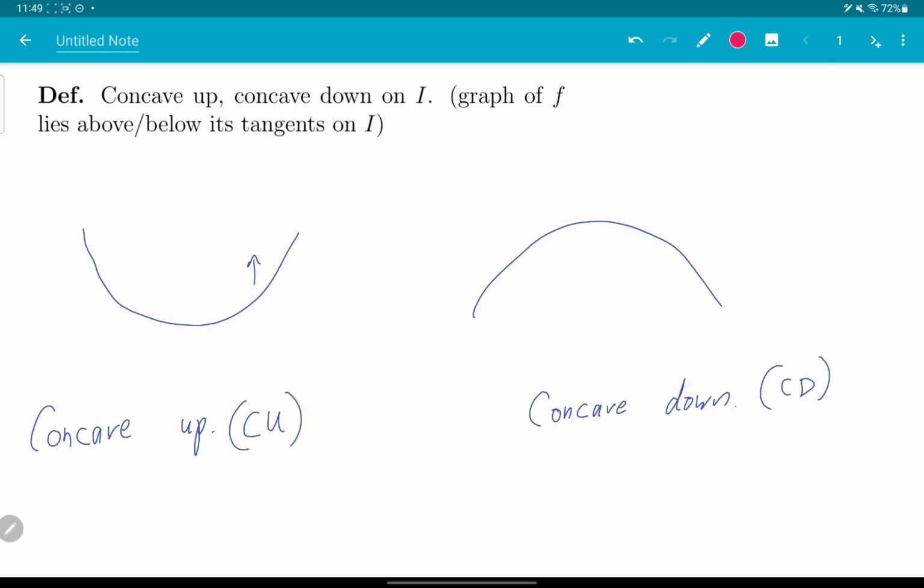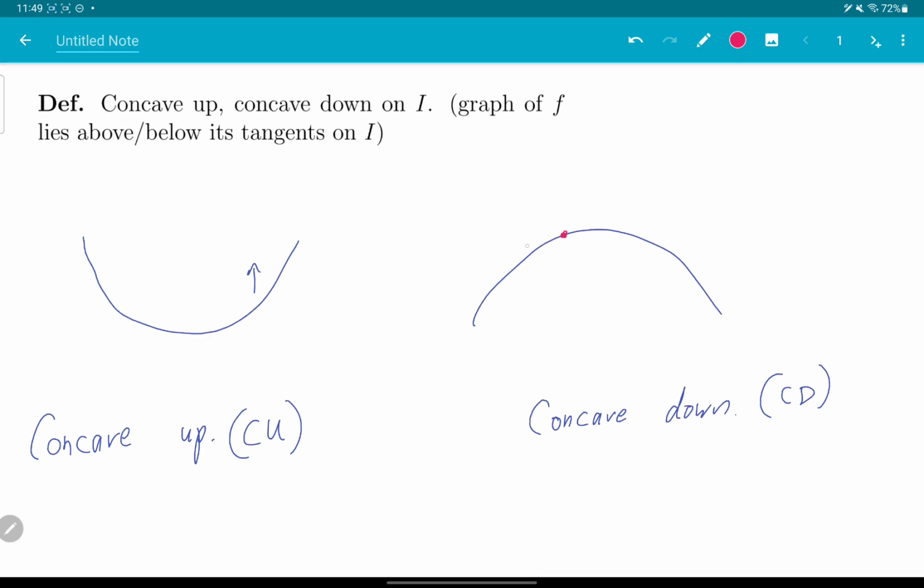Now the actual definitions are a bit more subtle. For concave down, if I think of a tangent, say here, imagine on my curve I have a tangent, you'll notice that the curve itself, the blue, is below the red here. That is the more formal definition of concave down.